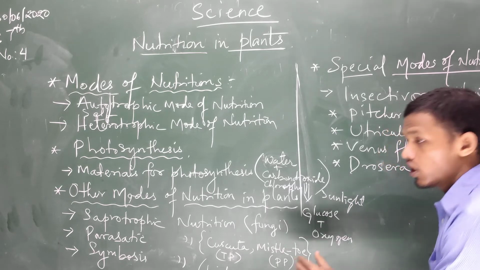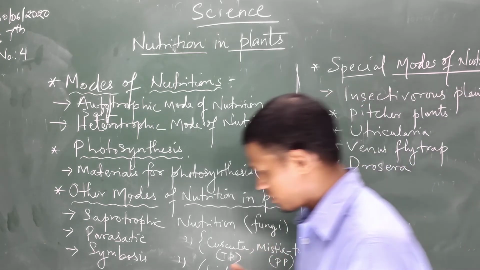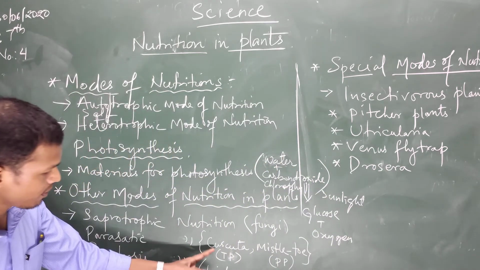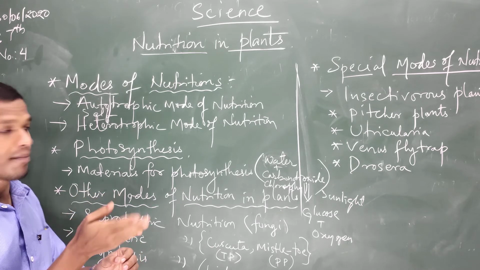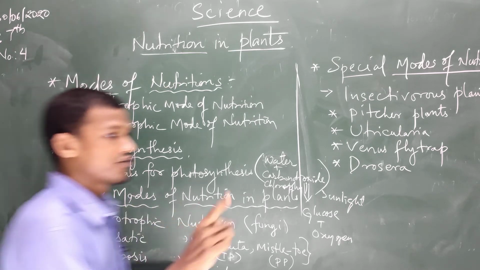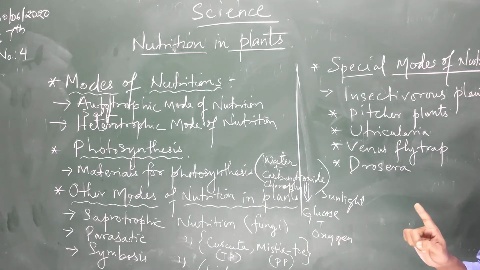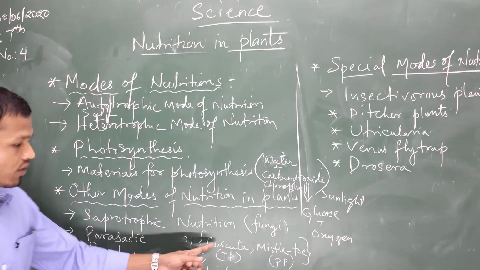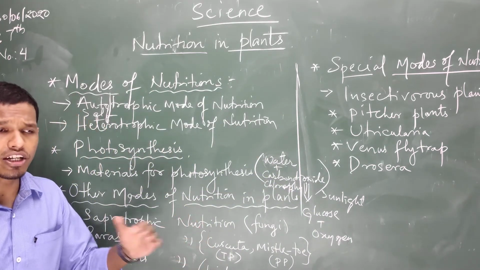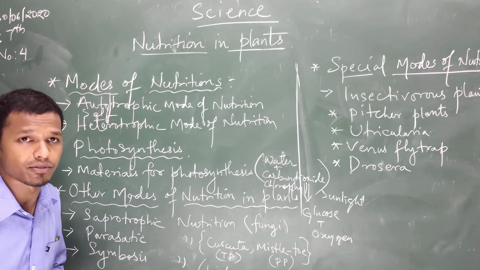This Cuscuta plant, you have seen in your day-to-day life. It is a climber. It will just surround like a thread-like structure on a plant or any other tree. You will find it in many places. This Cuscuta plant depends completely on the other plant, other organisms, for food.